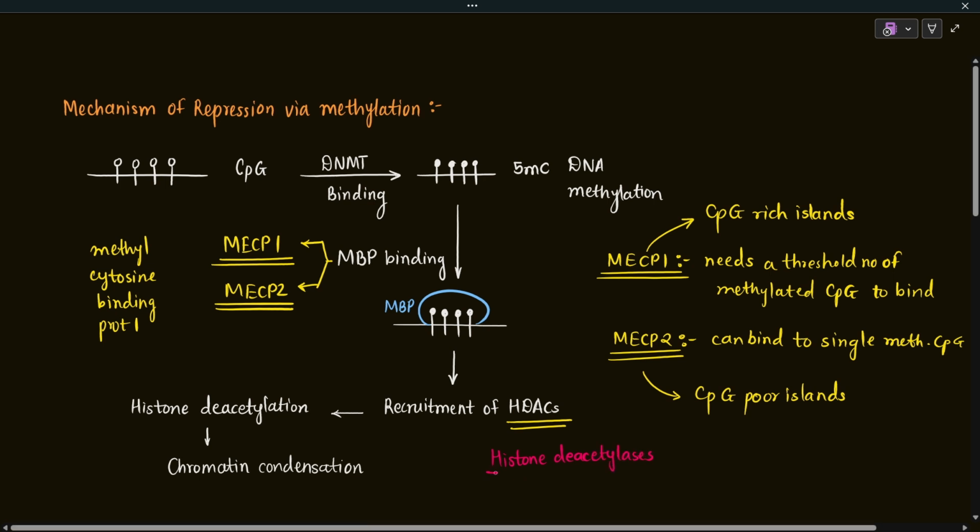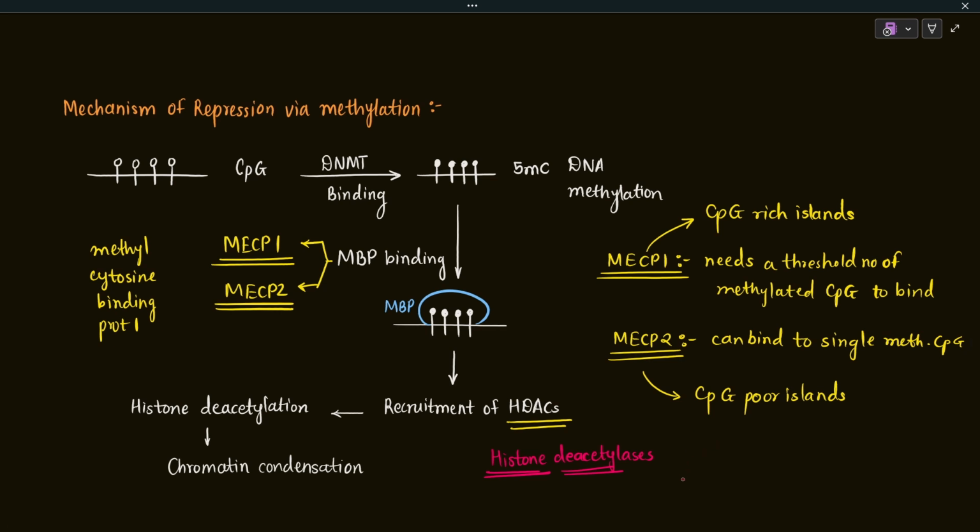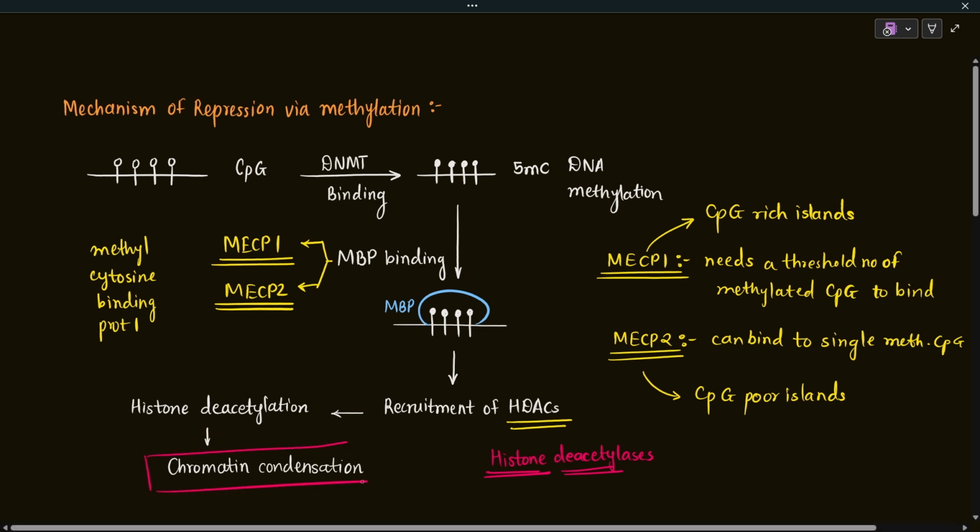The substrate is histones, meaning they work on the histone, and what do they do? They deacetylate the histone, meaning they remove the acetyl group which is added on the N-terminal tails of histones. They perform histone deacetylation, the removal of acetyl group, and removal of acetyl group results in chromatin condensation.